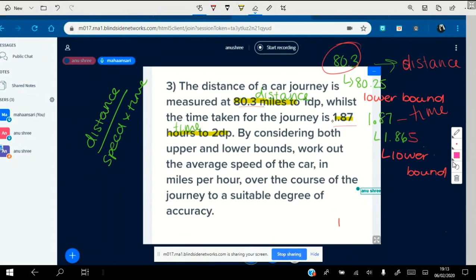Then in the numerator it's the lower bound and divided by the upper bound. No, that's not what I said. Look, when you are dividing something and you want a value to be maximum, your numerator, the number in the upper half, should be greater and the denominator should be lesser. Is this clear?